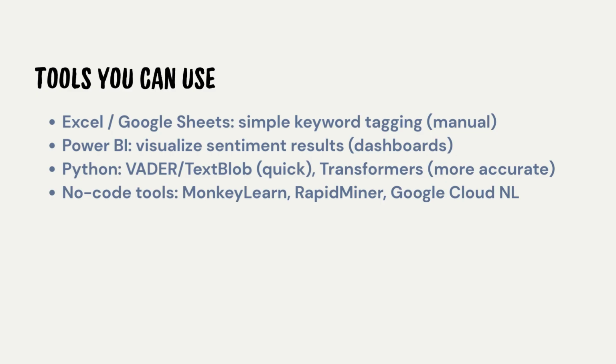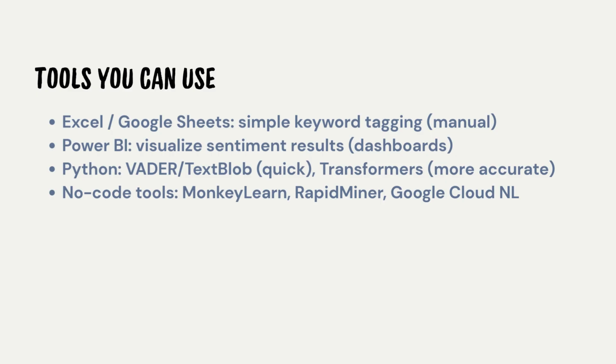VADER or TextBlob are quick to start, and transformer models from Hugging Face can be more accurate as well. And if you want an easy no-code approach, platforms like MonkeyLearn or cloud tools like Google Cloud Natural Language can score sentiment quickly with minimal setup.